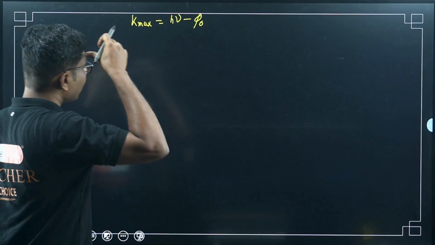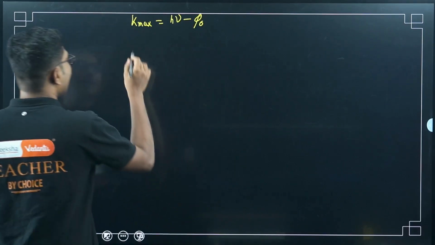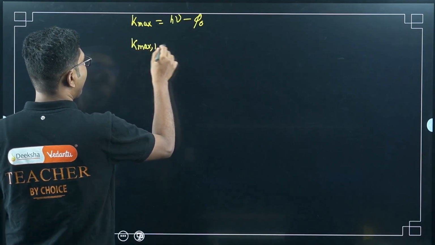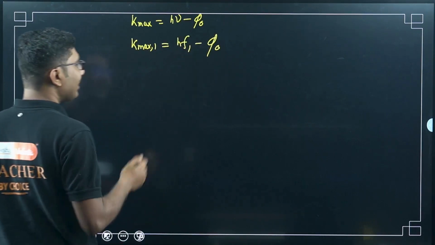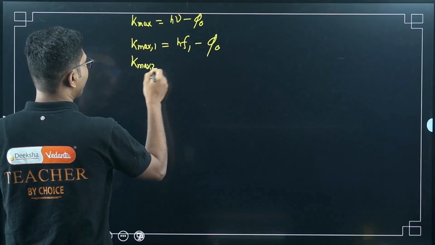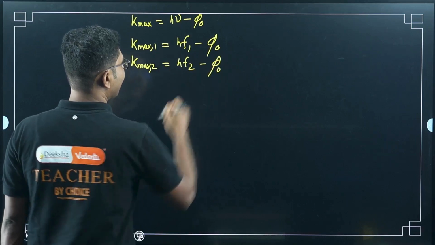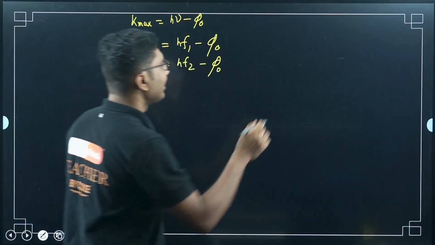In this case, K max 1 is equal to h f1 minus phi naught, same material, right? And K max 2 equals to h f2 minus phi naught, right?